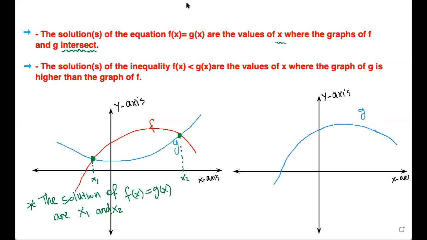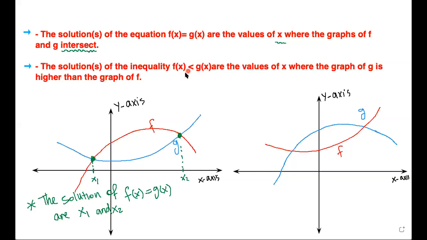And my f function, I make it like this. Okay. So this is my f, and the blue is the g. So now the question is, find the solution of the inequality f of x less than g of x.